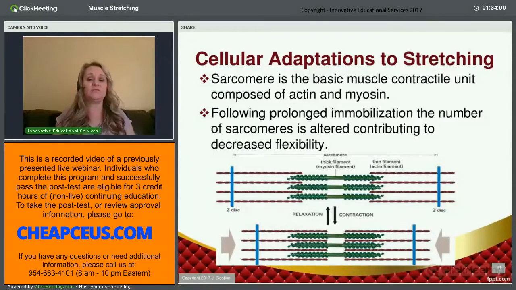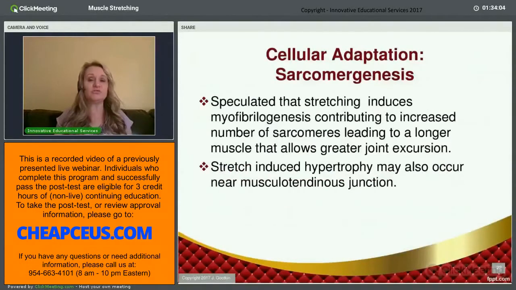They shift and do not allow as much range of motion to occur. This led to research asking, if they shorten down when there's no muscle lengthening, then somehow they must get longer, they must grow. There has to be sarcomere genesis that occurs in order to restore the length and the range of motion.